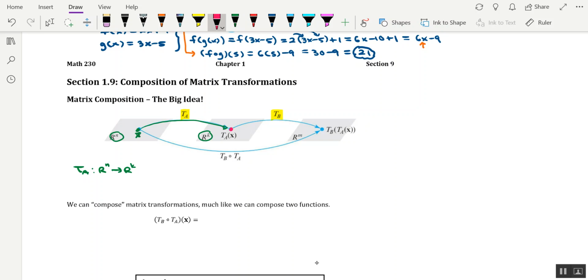And what that would do is take the vector resulting from T sub A of x into a new space, which in the diagram is referred to as M space. So notationally, capital T sub B is a matrix transformation that takes vectors from Rk, or k space, to M space.